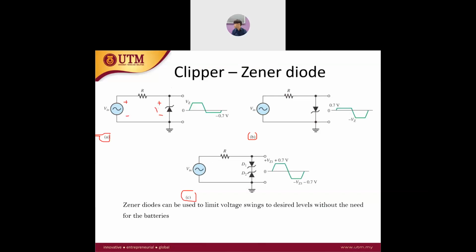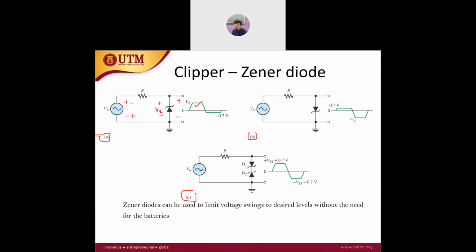This one is not VZ, and this one is VZ. For the positive cycle of the input, you're going to have the VZ here. The V out is equal to VZ.